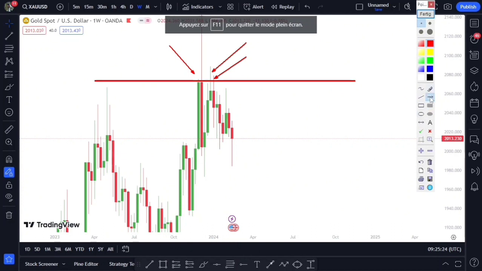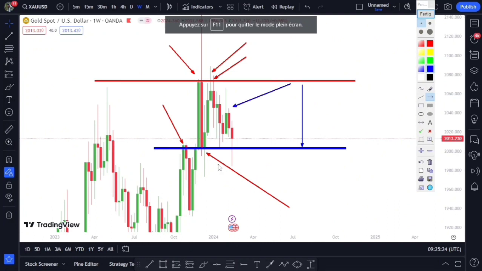And when I look down, I see also some rejections on that place, and I see a clear support zone right here. Okay, so we are inside a what? Inside a range. That's what we call a range.